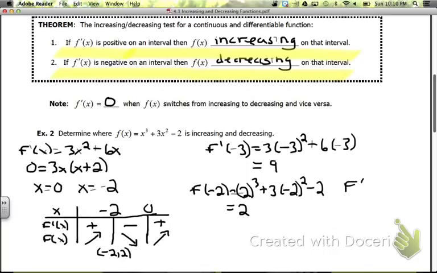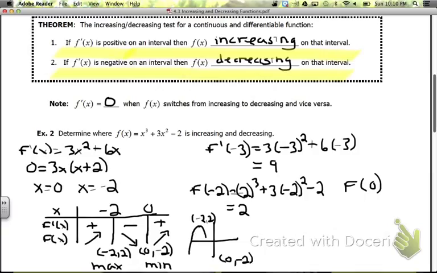And if we look at it at 0, we're going to get the point (0, -2). Therefore, at x equals negative 2, we have a max, and at 0, we have a min. So if we want a visual of this, this point here would be (-2, 2). This point down here would be (0, -2).